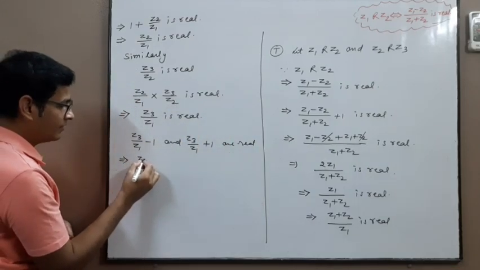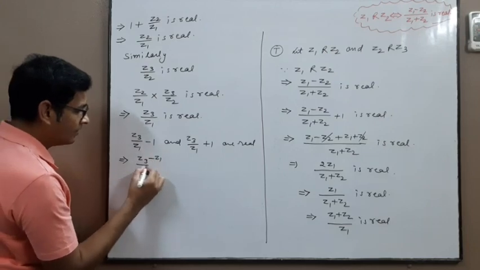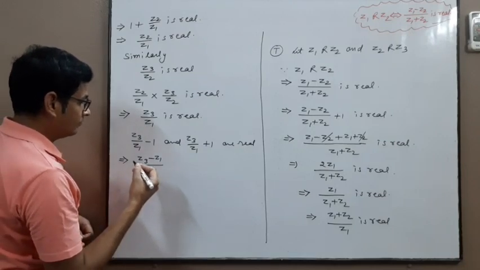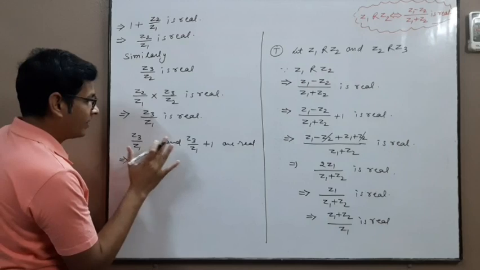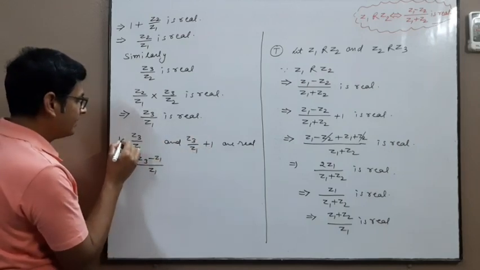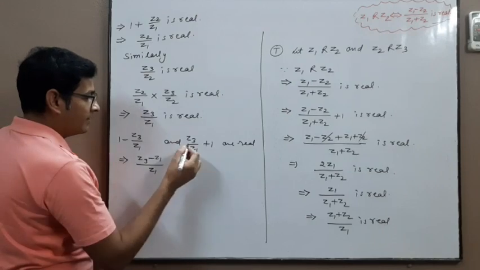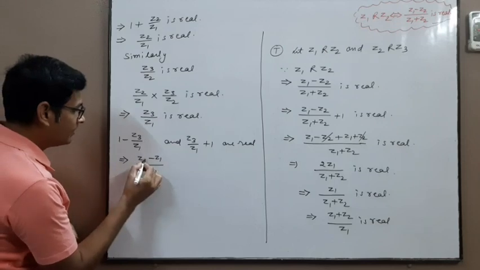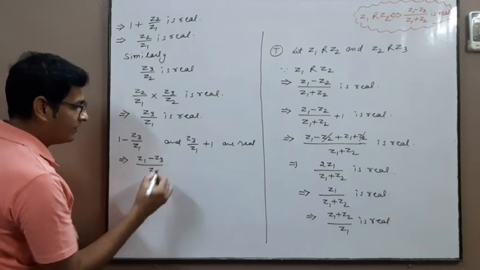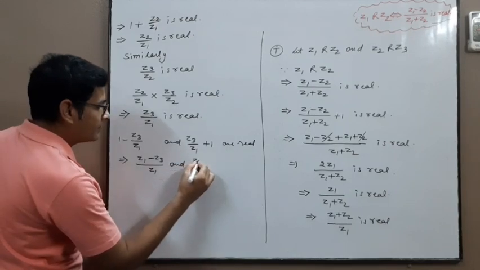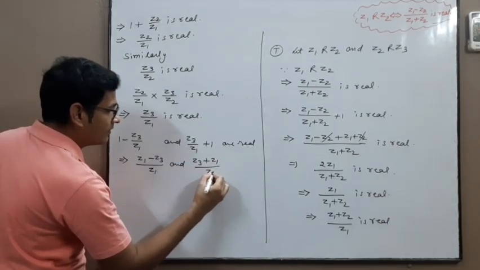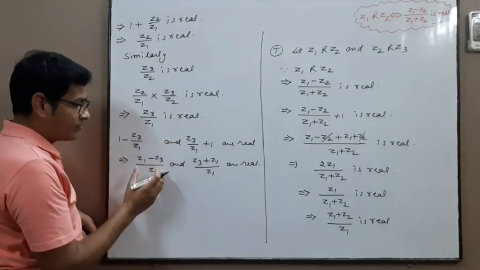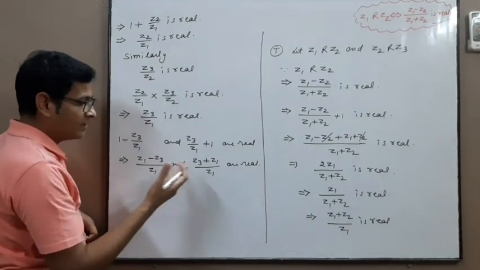Now taking LCM, (1 - Z3/Z1) and (Z3/Z1 + 1) are real. So next step, (Z1 - Z3)/Z1 and (Z3 + Z1)/Z1 are real. We all know the sum, product, and division of two real numbers is also a real number.